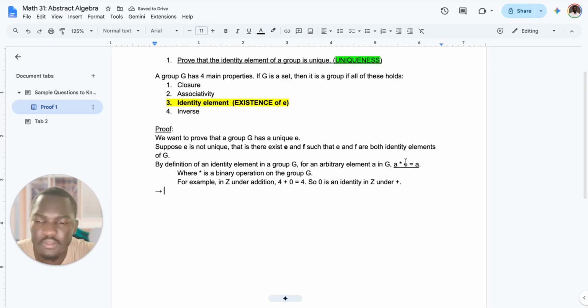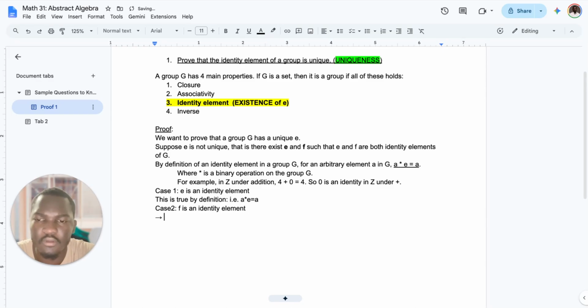Case one: E is an identity element. This is true by definition, that is, A star E equals A. Case 2: F is an identity element.